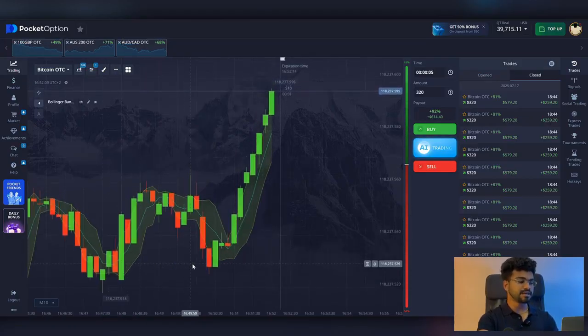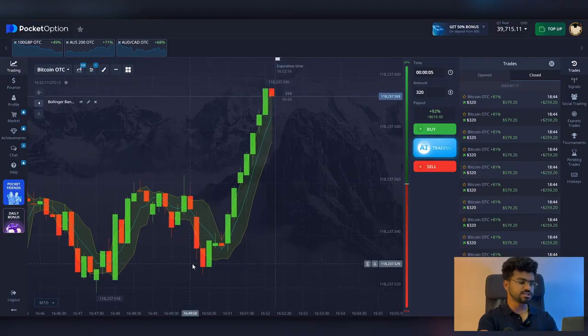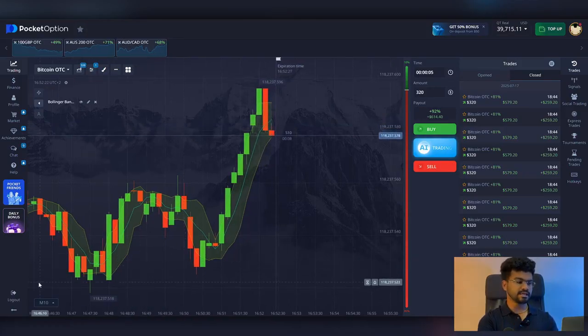So remember, this area is just for viewing the chart differently, and this is not setting the time for trading. This helps you read the market more clearly and make smarter decisions based on your analysis.